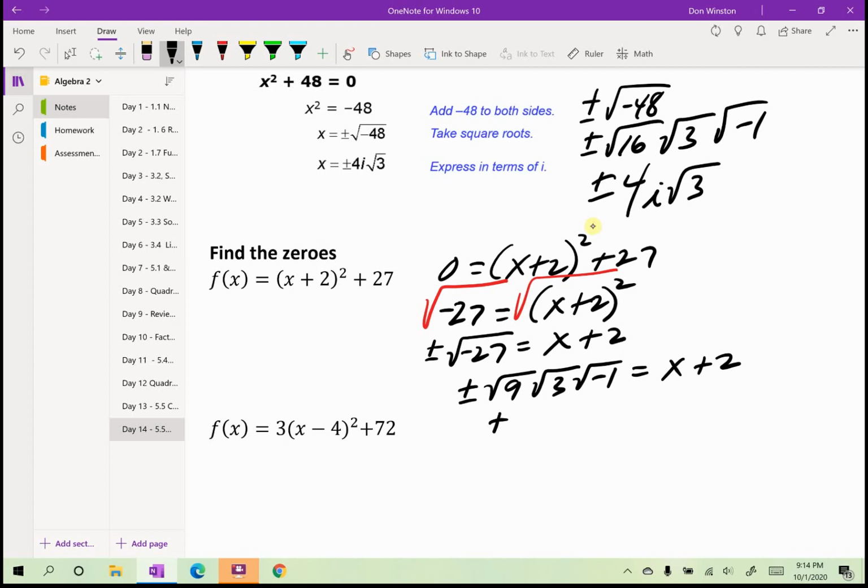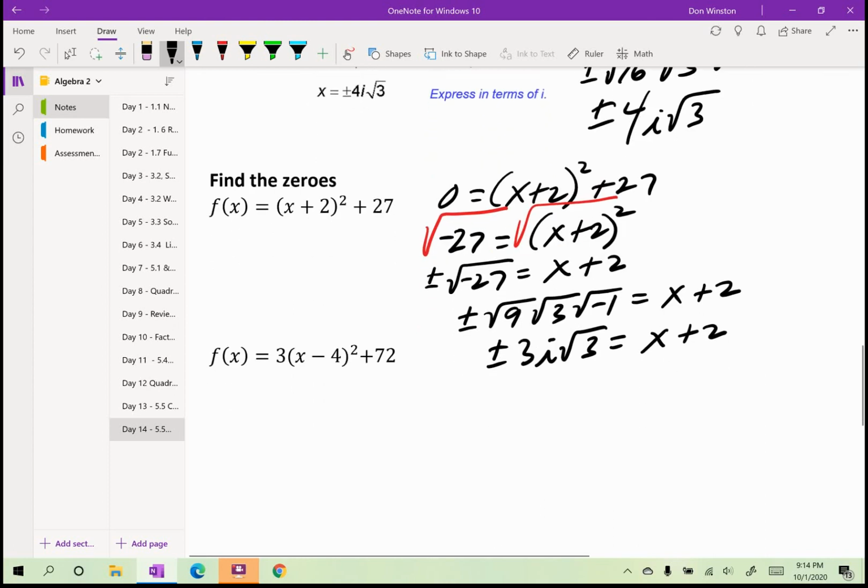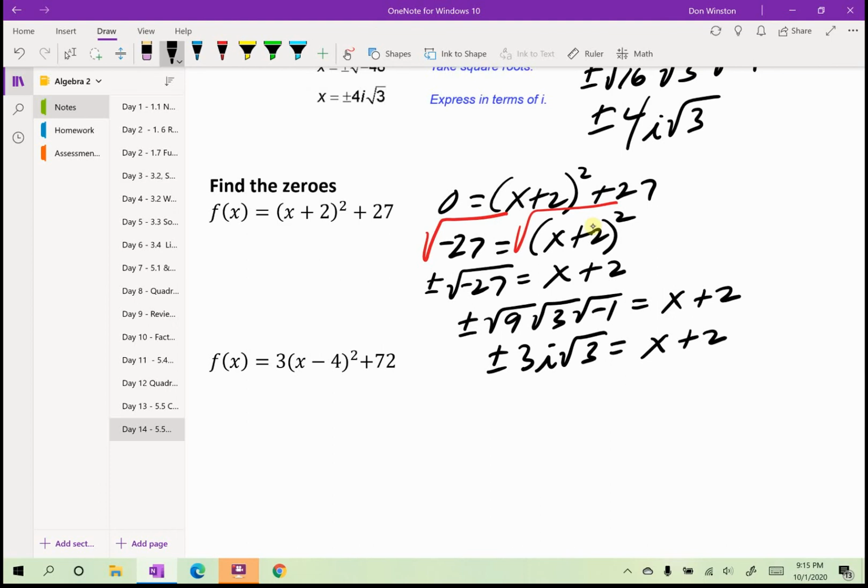And then this will be plus or minus 3i root 3 equals x plus 2. Finally we'll get x: negative 2 plus or minus 3i root 3 equals x after subtracting 2. Final answer. And again, you'll never be able to get those roots in decimals because they're imaginary roots.